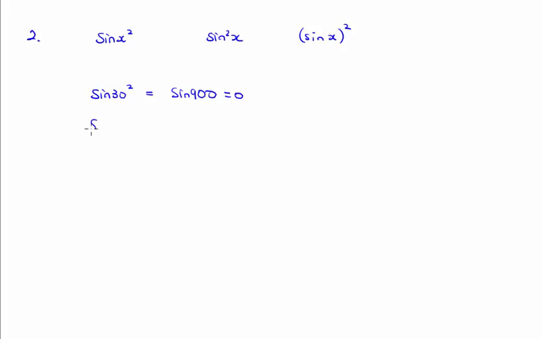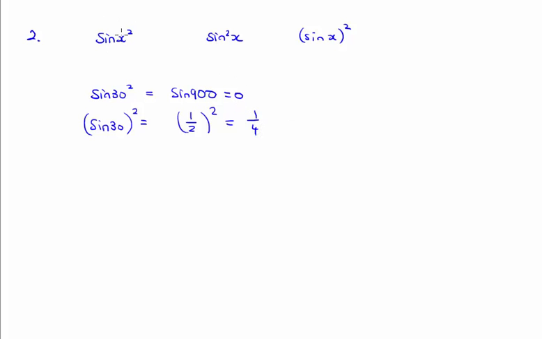Now, what is sine of 30 all squared? Well, that's equal to just half square, because we saw in the previous slide that sine 30 is equal to half, and half square is quarter, so 1 on 4. So there's a huge difference. They're totally different things.